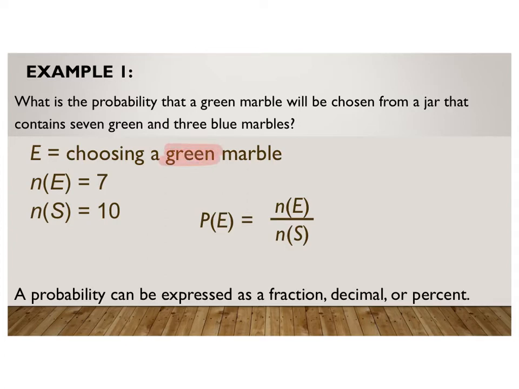Okay, so it's going to be the number of E's, the number of green marbles, over the number of marbles in the set. So that's going to be 7 over 10. Probability can be expressed as a fraction, a decimal, or a percentage. Generally, I want to see a fraction. Okay? A simplified fraction is what I'm looking for as your answer.